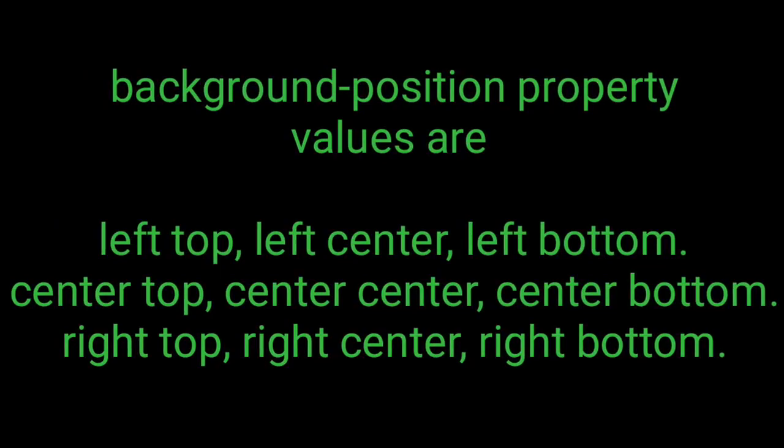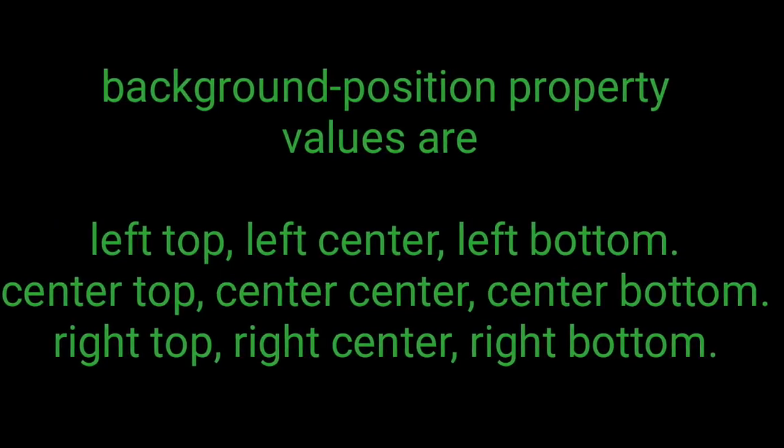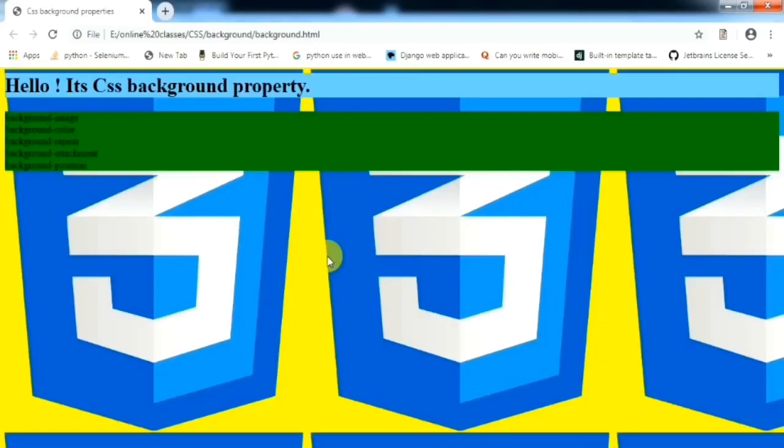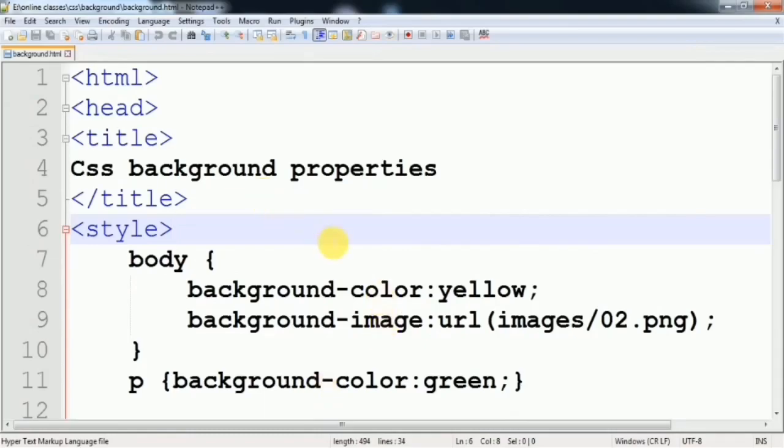So first, this is the file I created previously and now opened with Notepad++. Start working on this directly. Okay, let's see the CSS background property: body, background color yellow.